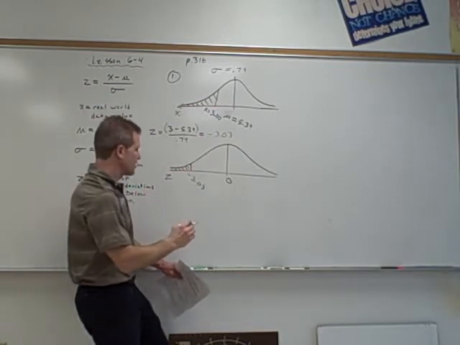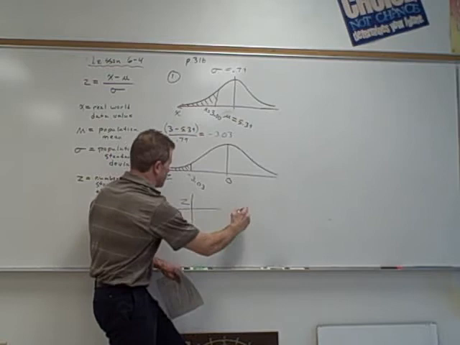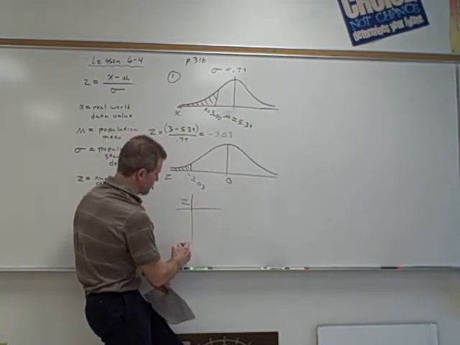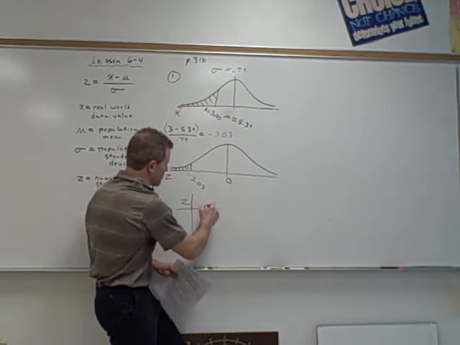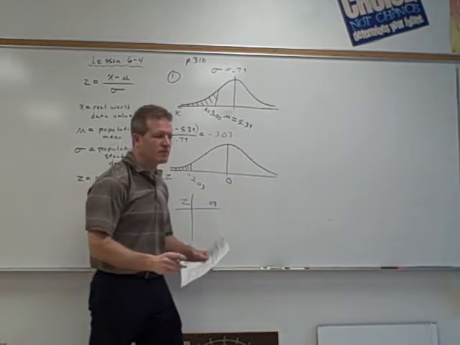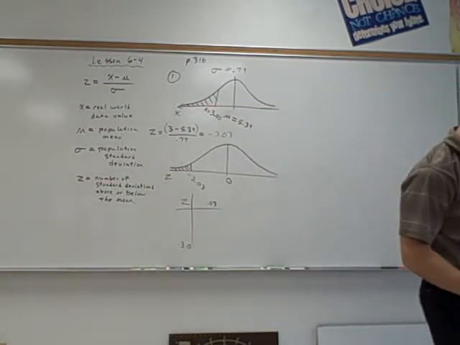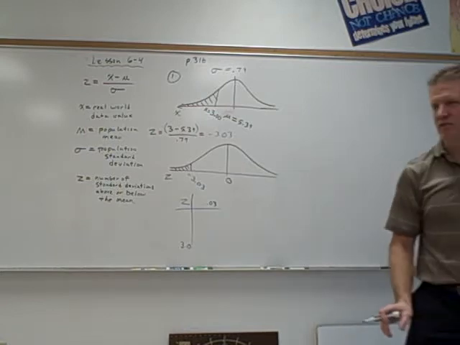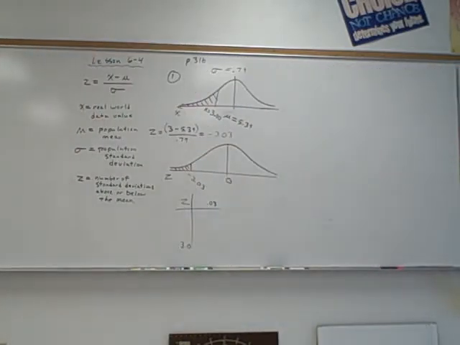So you go to the z-chart, you look up 3.03. So you go down here to 3.0, you go over here to 0.03, you look in your z-chart. Now, is that value shown in your z-chart? Yeah. Find my z-chart here.